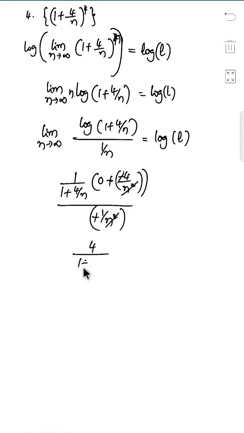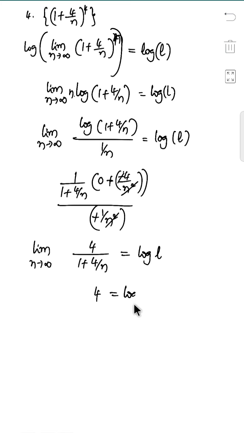4 by 1 plus 4 by n, limit n tends to infinity. That is log L. So when you apply the limit, 4 by infinity is going to be 0, this term, and 4 by 1 is nothing but 4.